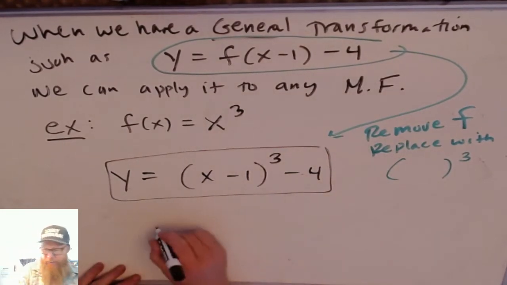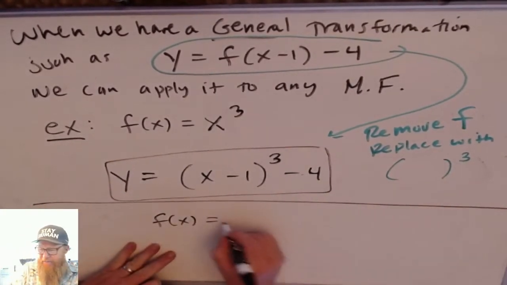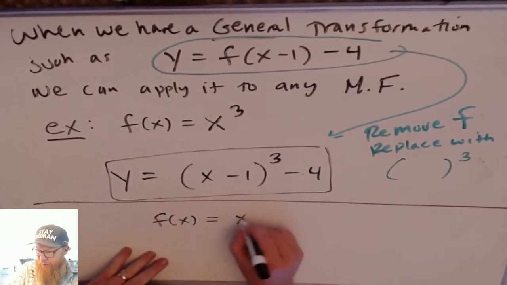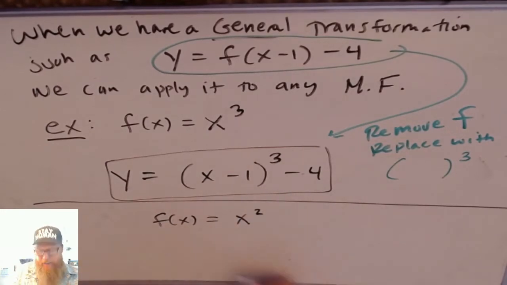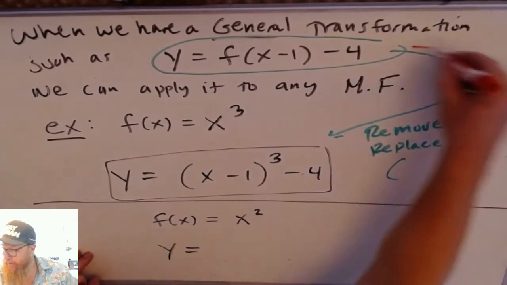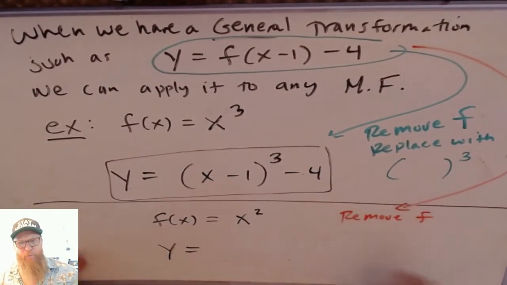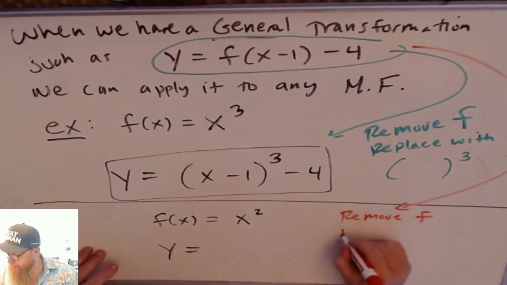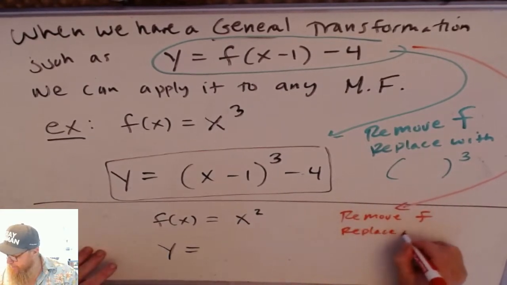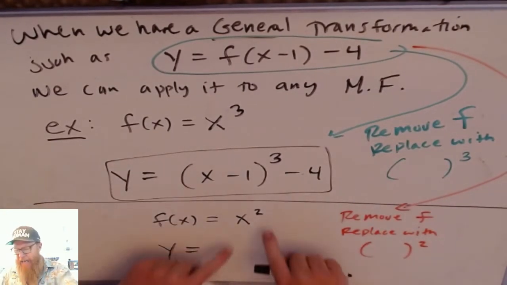Maybe I'll just do another one right here. If f of x is x squared, then I would remove f. So remove the letter f and replace with the square function, quadratic.